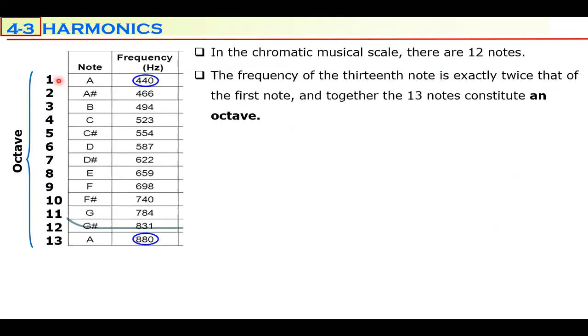Look here, the first note has a frequency of 440 hertz. Second, third, fourth, fifth, sixth, seventh, eighth, ninth, 10, 11, 12. After that comes the 13th note, which has a frequency of 880, twice that of the first note. This range of notes from the first note to the 13th altogether forms an octave in musical literature.